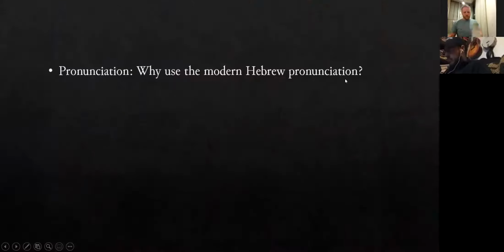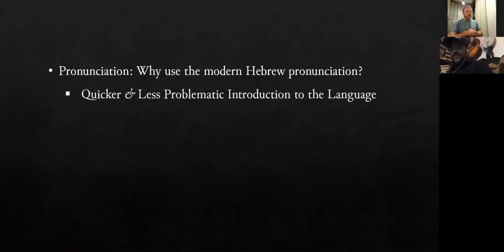So let's move on. All right, so pronunciation, I want to go over that really quick. I'm going to be using the modern Hebrew pronunciation because it's quicker and less problematic for an introduction to the language, because we already know Hebrew.